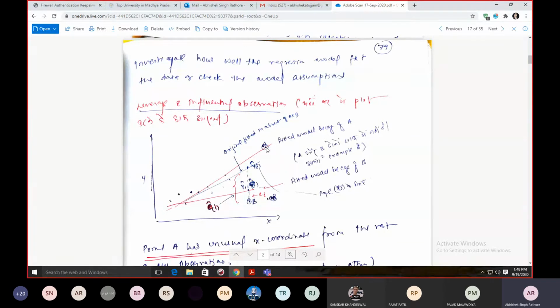When we consider this A, it changes your fitted line to something like this red line, and this leverage point usually lies on the new fitted line. The difference between your leverage point and your influential point is that the leverage point always lies on the new fitted line, whereas in the case of the influential point, the point does not lie on the fitted line.